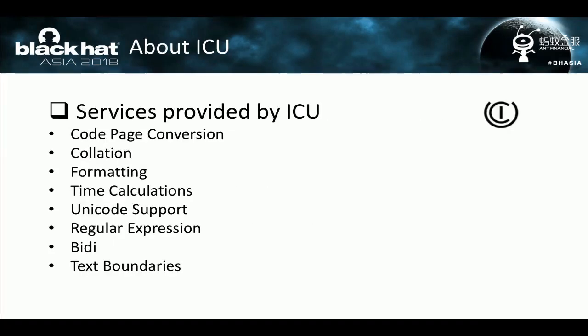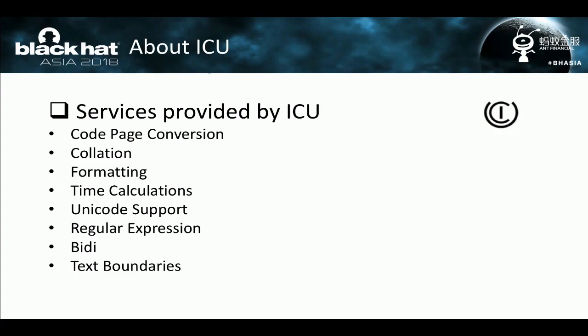Here are some services provided by ICU. The first one is code page conversion. It's for converting text data to or from Unicode and nearly any other character set or encoding. The second one is collation. It's for comparing strings according to the conventions and standards of a particular language.